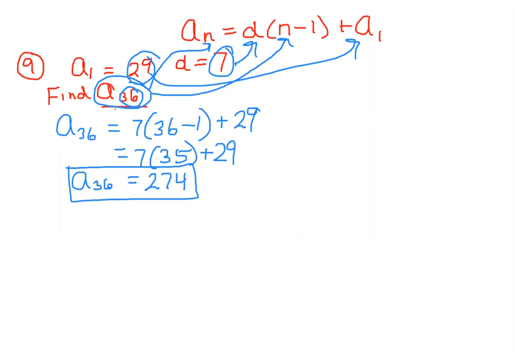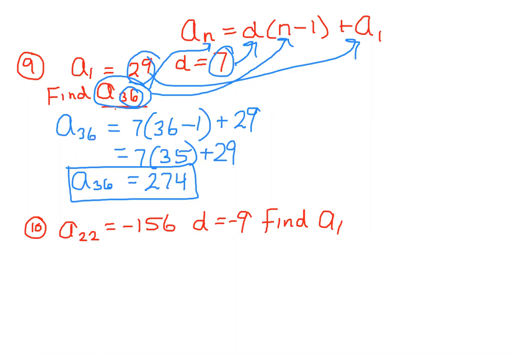All right, let's look at number 10. If A22 equals negative 156 and D equals negative 9, find A1. So now let's look at our equation up here.